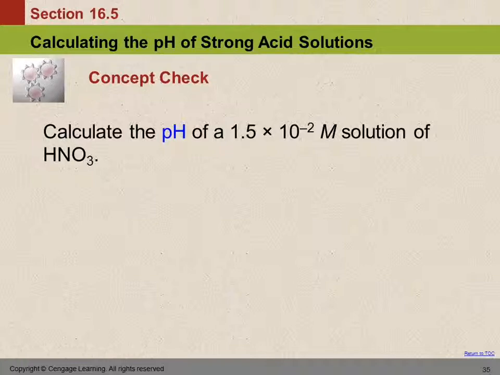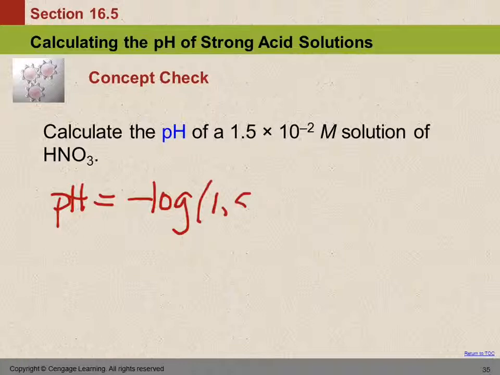So here's another one. Let's try this. Calculate the pH of the solution of nitric acid. Nitric acid is also a strong acid. So the pH will equal the negative log of what? 1.5 times 10 to the minus 2.